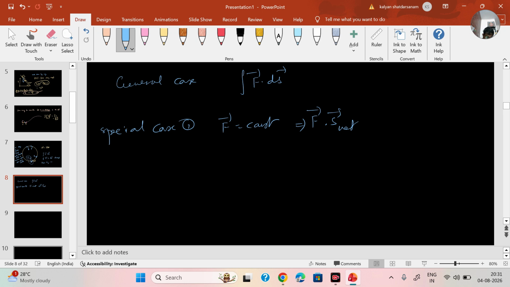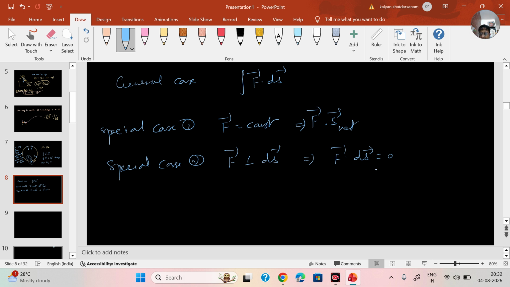Special case 2, this is when F is perpendicular to ds at every moment, then F dot ds will be 0 at every moment.